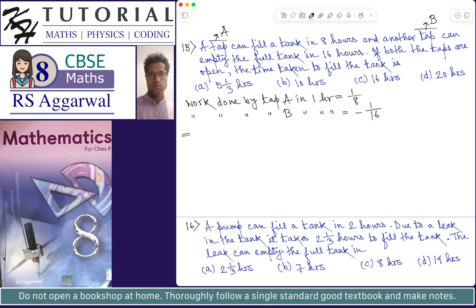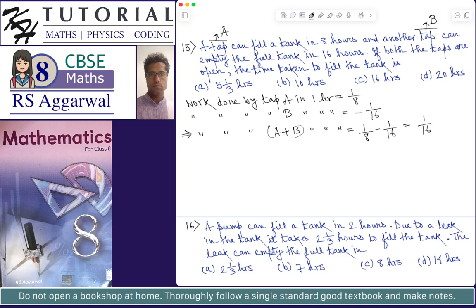Now we need to find the work done by both A and B, that is when they are both open or working together. So work done by A plus B in 1 hour will be equal to 1 by 8 minus 1 by 16. This is equal to 1 by 16. So we are getting a positive work done.